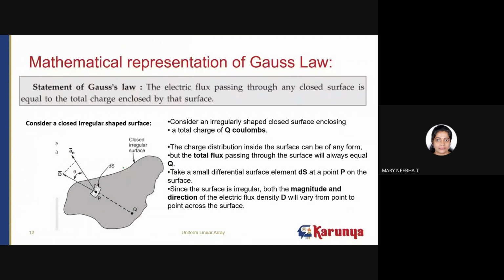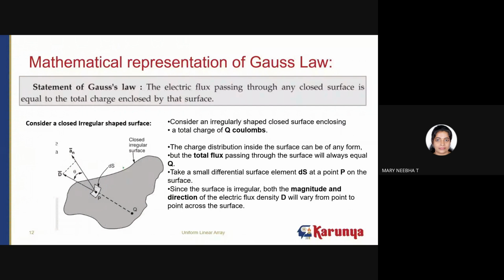And if you go for volume charge, we can take the volume charge density. Psi is equal to Q, which is equal to the volume integral of rho v into dv. So we can also write Gauss law as psi equal to Q, equal to the surface integral of D dot ds, which is also equal to the volume integral of rho v into dv. So all the formulas can be applied. If there is more than one charge distribution in Gauss law, then the total charge is nothing but the sum of all the individual charges.